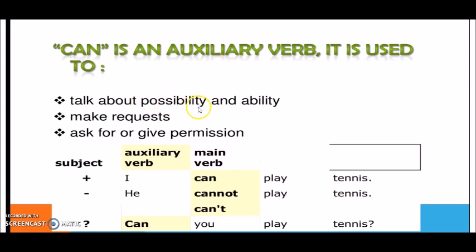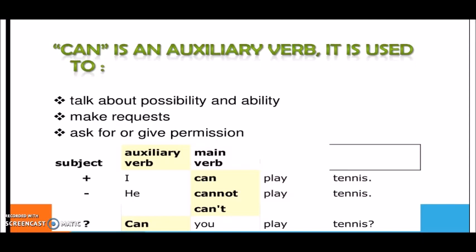Remember these words, possibility and ability. Also, you are going to use this verb to make requests. And the other usage is to ask for or give permission. Those are the main usages of this verb, that is can.